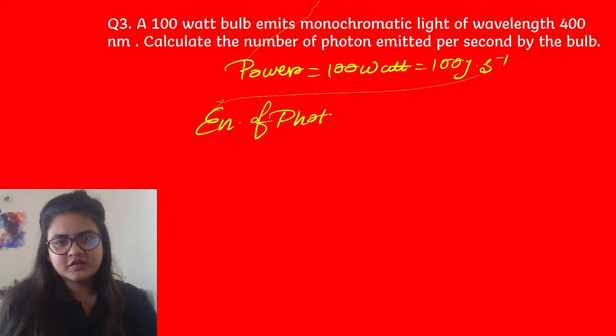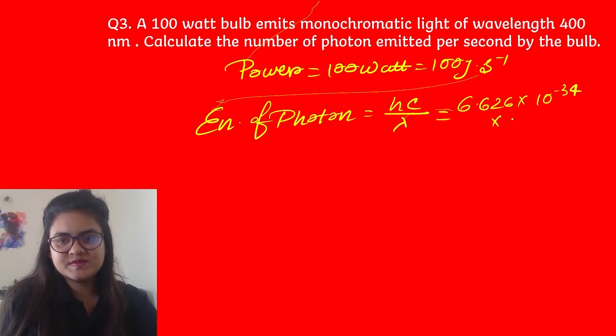You know the formula of energy. Energy equals hc by lambda, right? So put the value here. h is the Planck's constant, that is 6.626 into 10 power minus 34, into c, the speed of light, that is 3 into 10 power 8, divided by lambda.